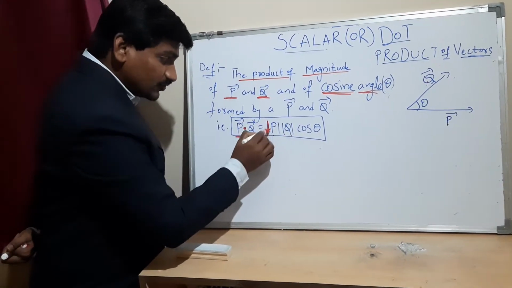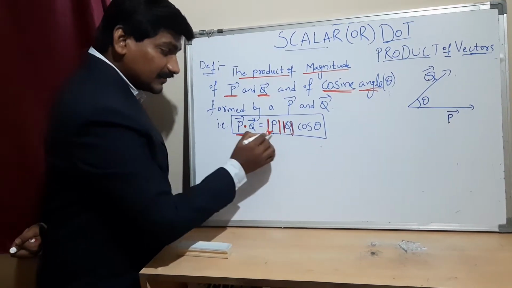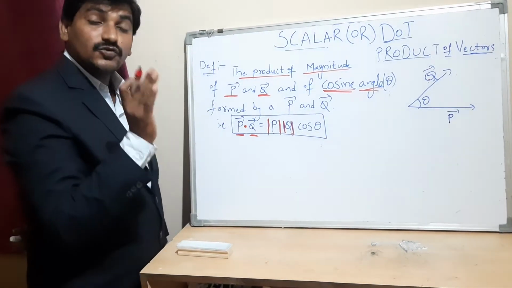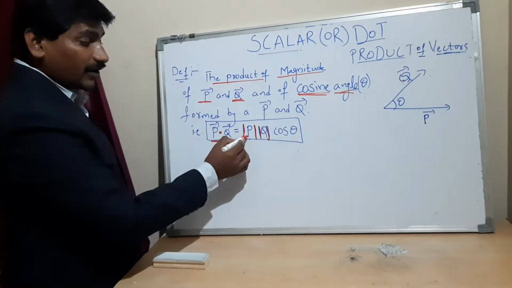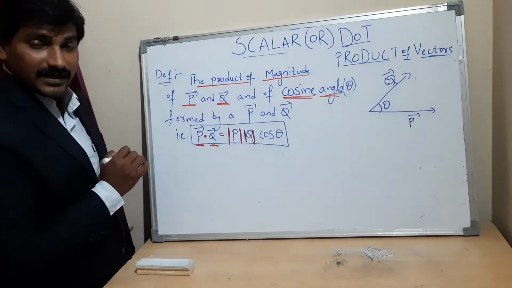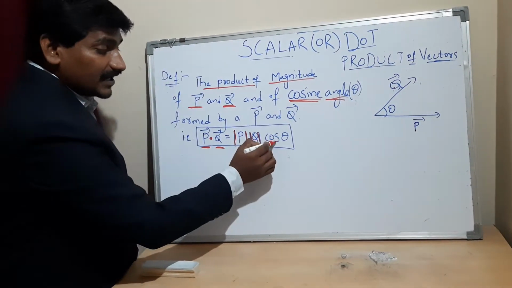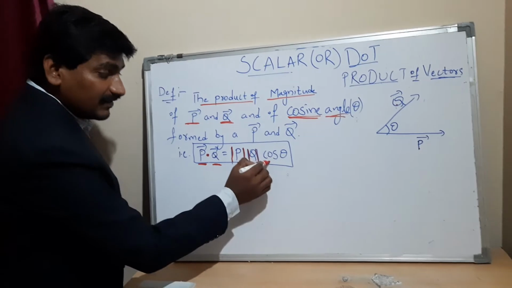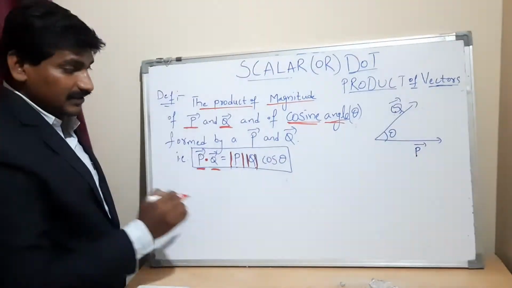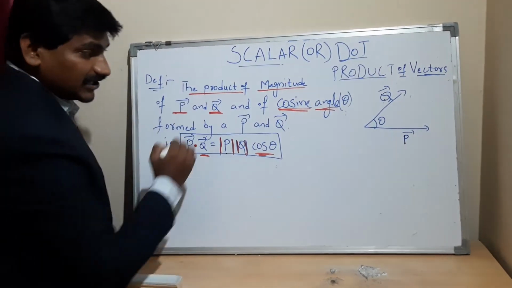The modulus symbol indicates the magnitude of those two physical quantities. So it is the product of the magnitudes of the two vectors and the cosine of the angle, that gives cos theta.